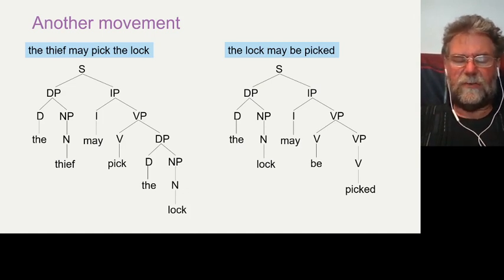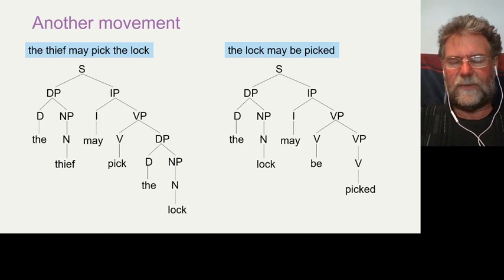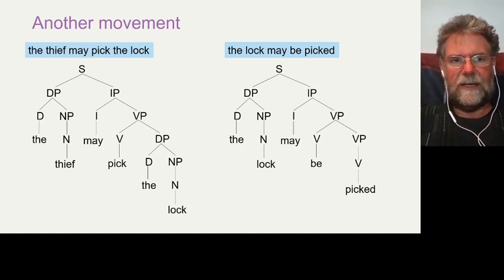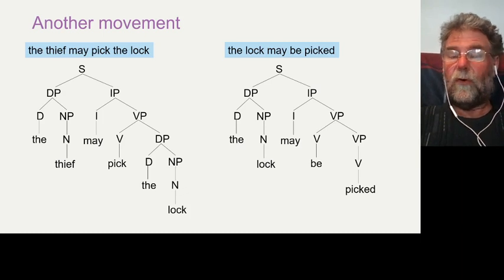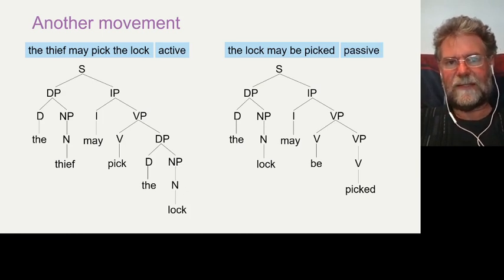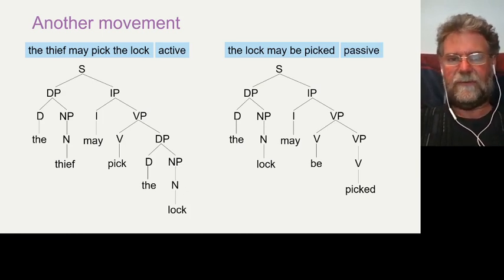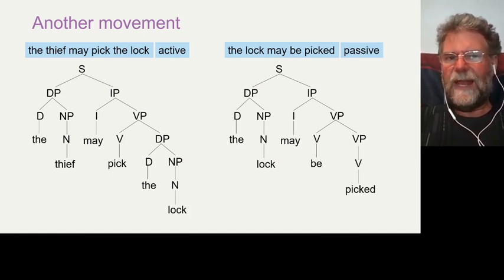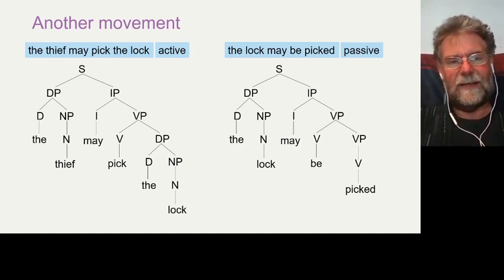In fact, traditional grammar has already observed this relationship in as much as we call these two sentences different forms of the same sort of sentence. We say that the first one is the active form of the sentence, whilst the second is the passive form of the sentence. So what is it about active and passive sentences that make them related? Obviously not every sentence is related like this.